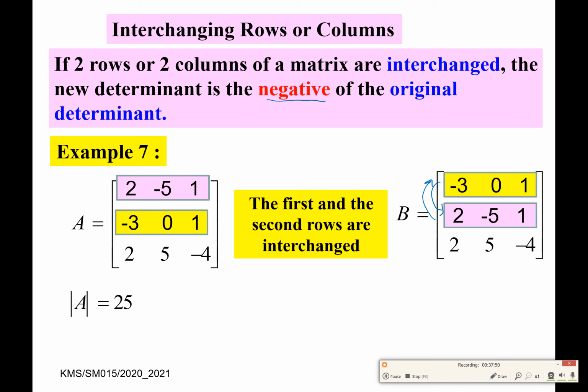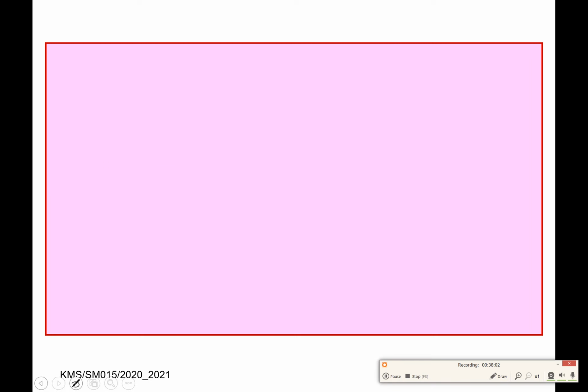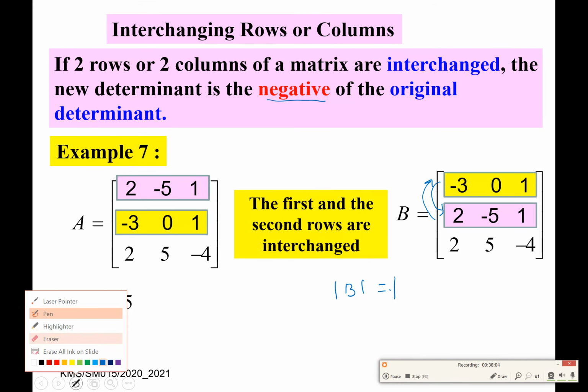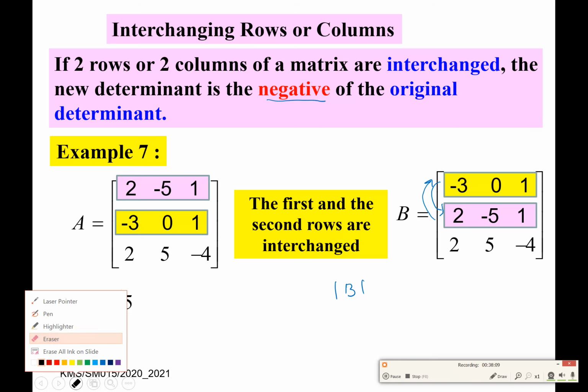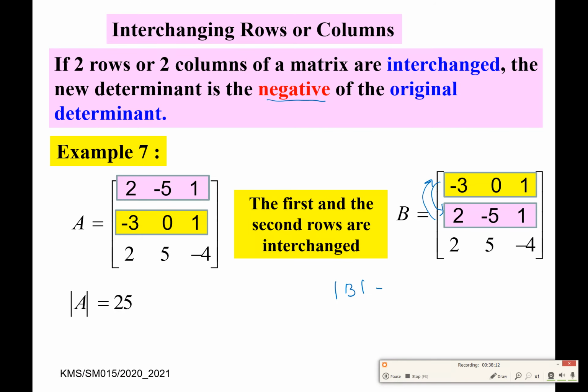So what we are doing here is to get the determinant of B, which is negative, the negative determinant of A. So it is negative 25.